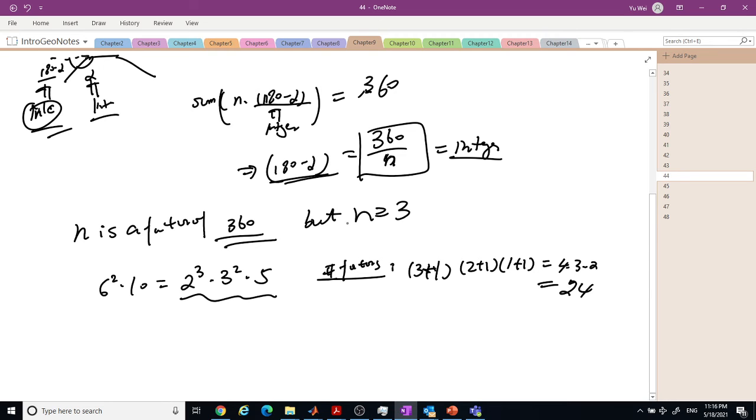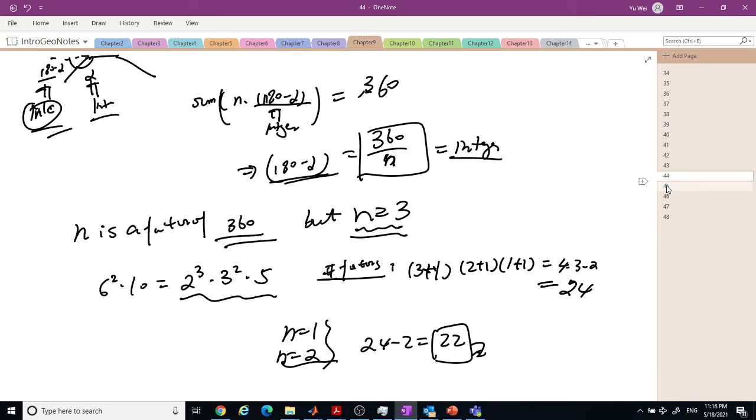But we also need n greater than or equal to 3. N equal to 1 is a factor of 360, and n equal to 2 is also a factor, so we need to take out these 2. So 24 minus 2 is 22, the answer.